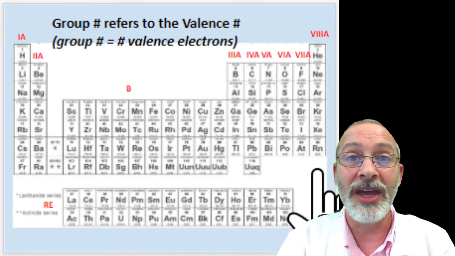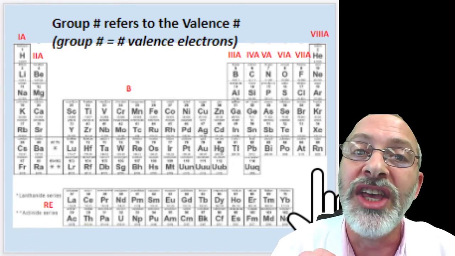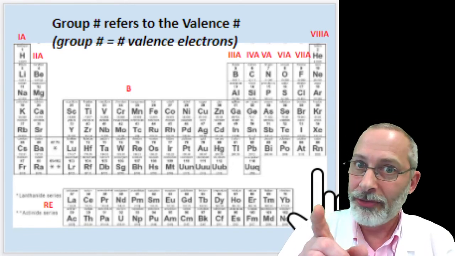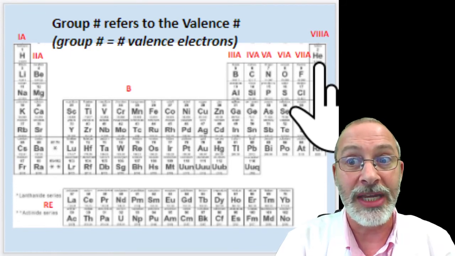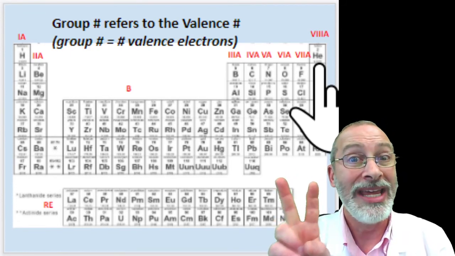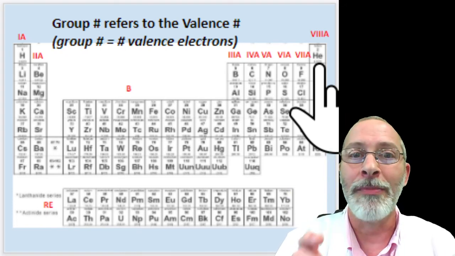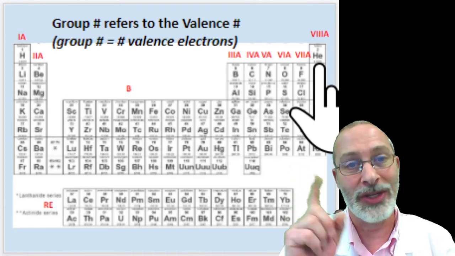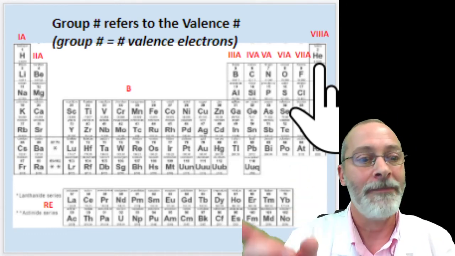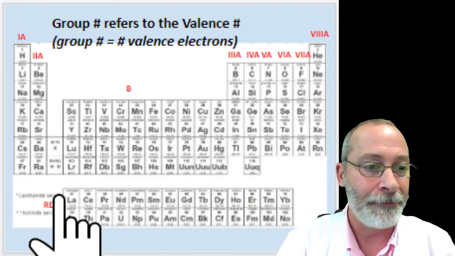Another way of thinking of it is their outermost energy level is filled. And that phrase will help us understand helium later, because helium only has 2 electrons in its outermost energy level, but its outermost energy level is filled because it only has 1 energy level. Again, don't panic about that. We'll talk more about it later.